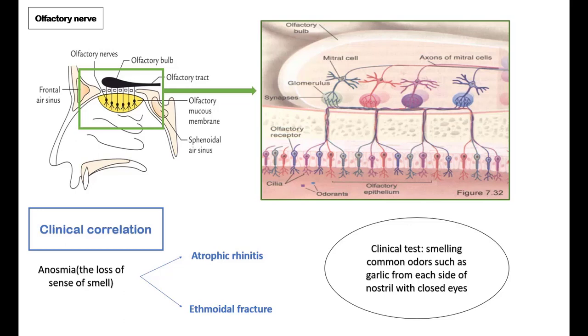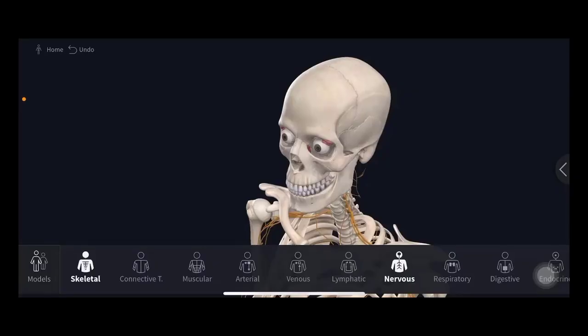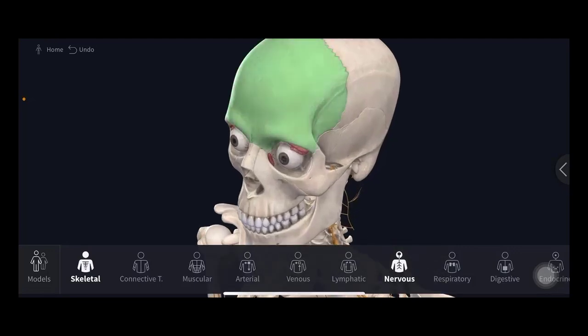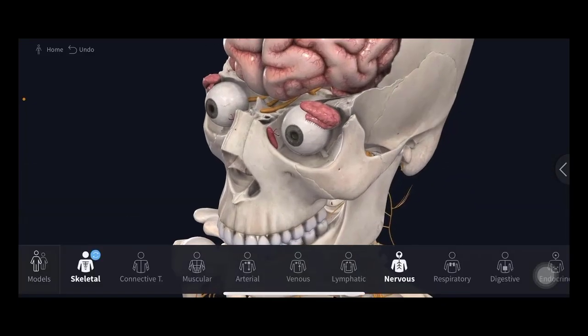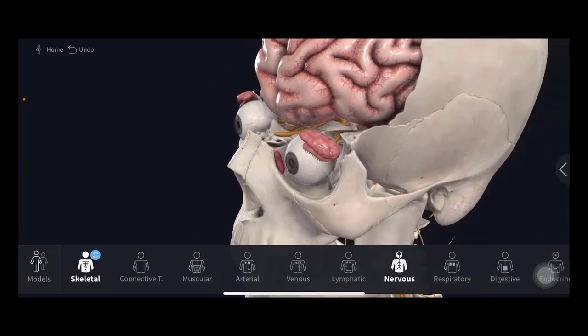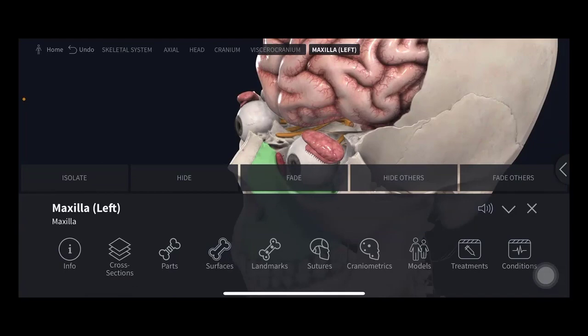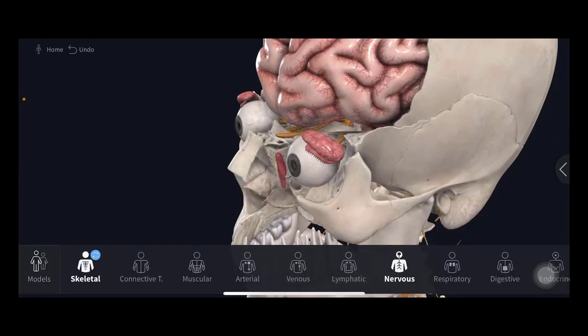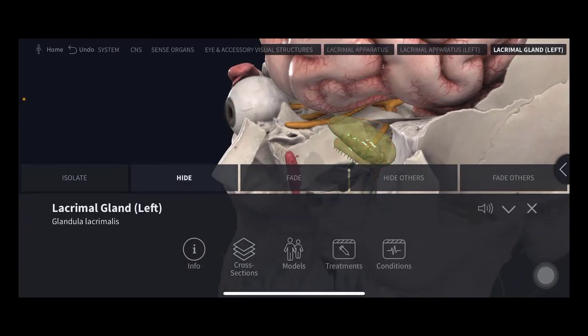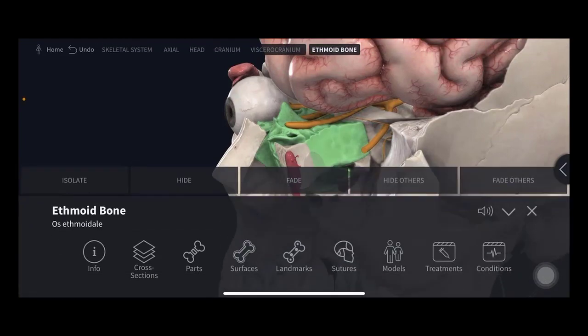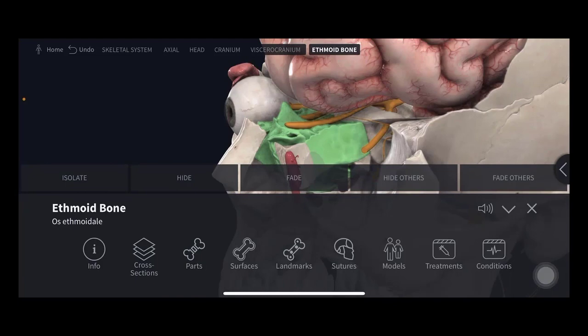And also I will use a 3D video after this. First of all, I have to hide some bones such as the frontal bone and also the maxillary, and I have to hide the eye with the lacrimal gland, and we have here the ethmoid bone.